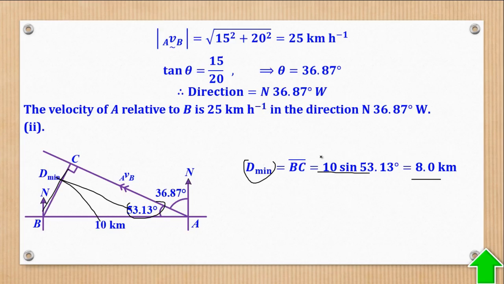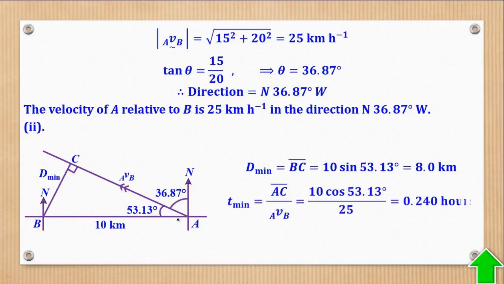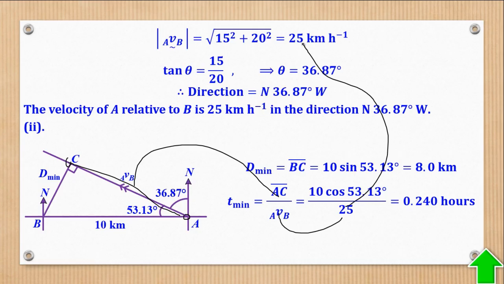That is how this comes about. Then for the time, remember we use the distance along the relative path. So we shall use distance SC, which is 10 cos 53.13 degrees over the relative velocity, which is 25 kilometers per hour, to give you the hours.